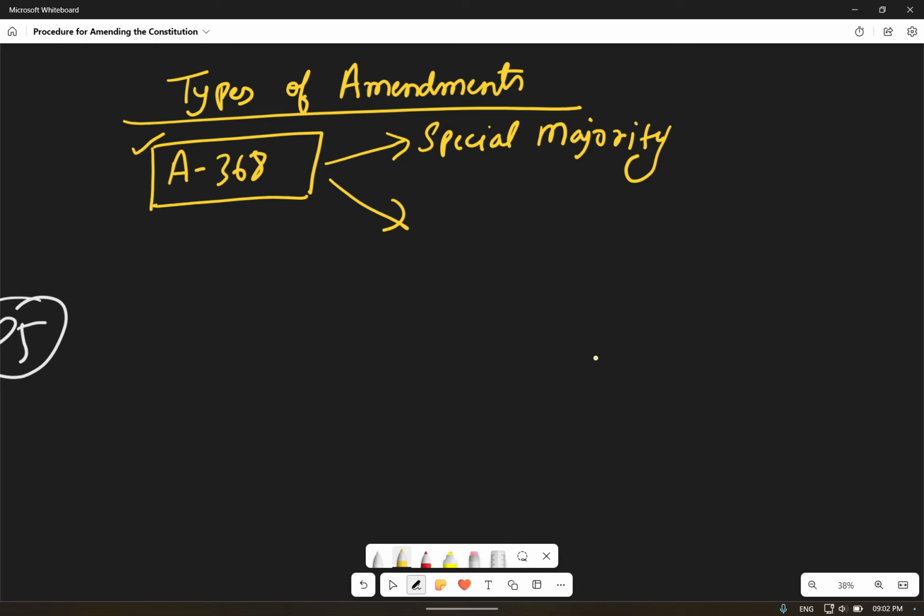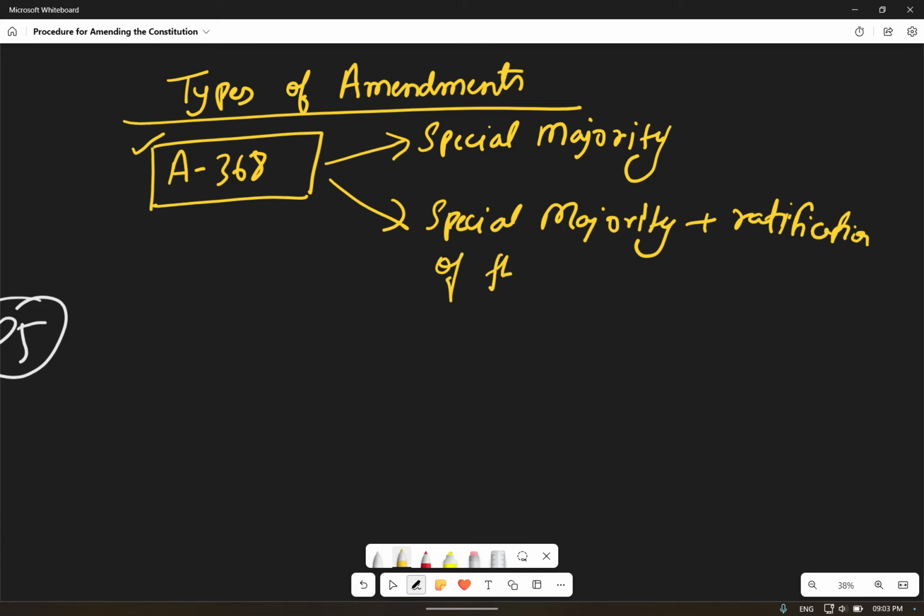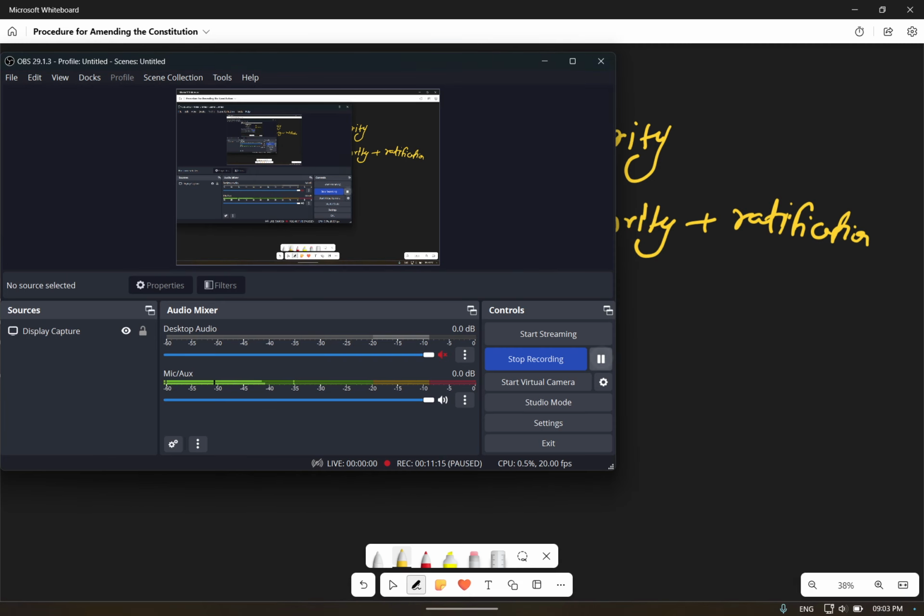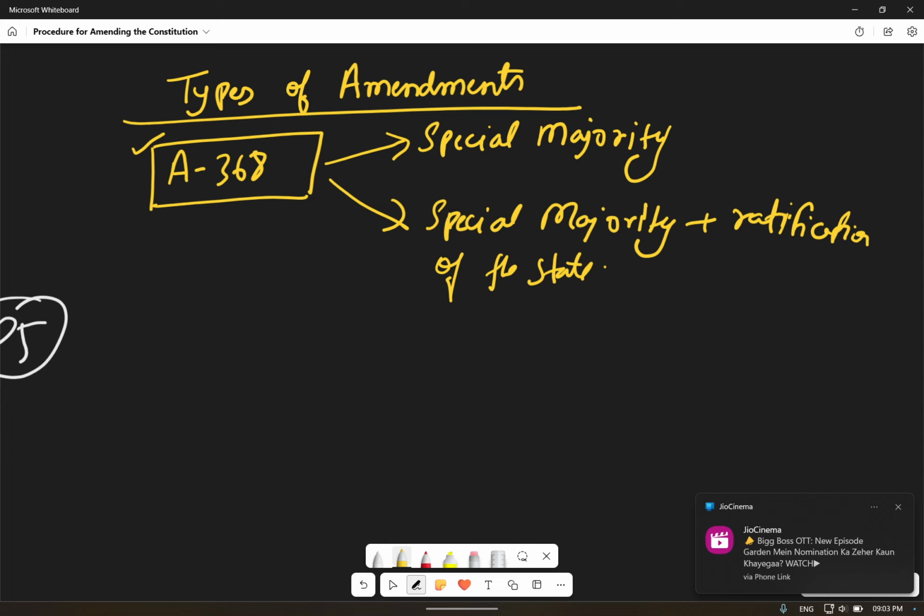And in the second scenario, a special majority along with 50% ratification of the states. Sorry, I think it is not total strength, it is present and voting.